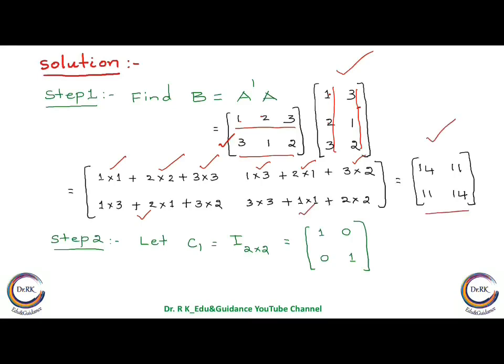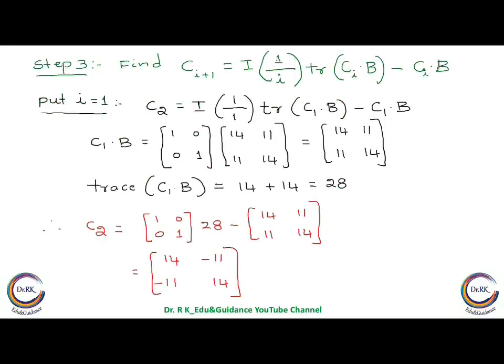Next, we have to take the suitable identity. This is a matrix of order 2 by 2, so C1 is the identity matrix of order 2, that is 1, 0, 0, 1. Now we take i equal to 1, which means we have to find C2.